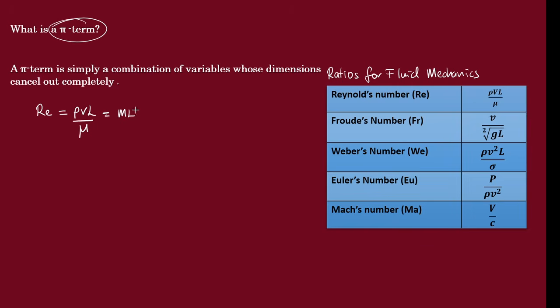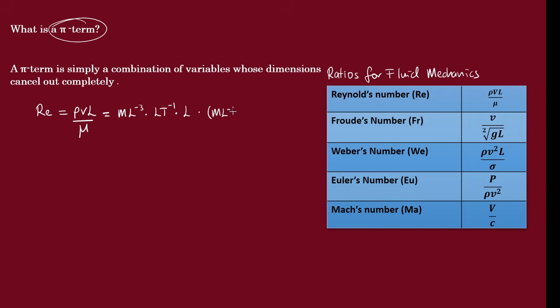So that's going to be mass per length cubed, times the velocity, length per time, times length, so that's L, times the inverse of dynamic viscosity.